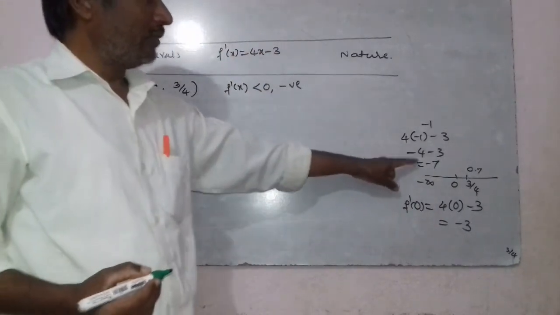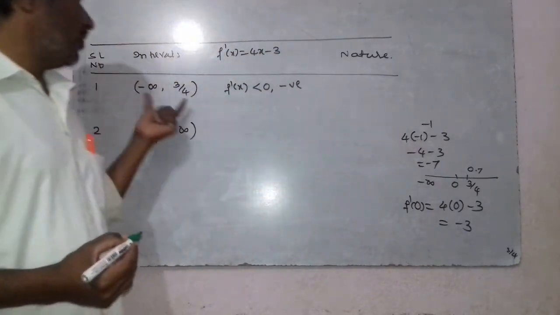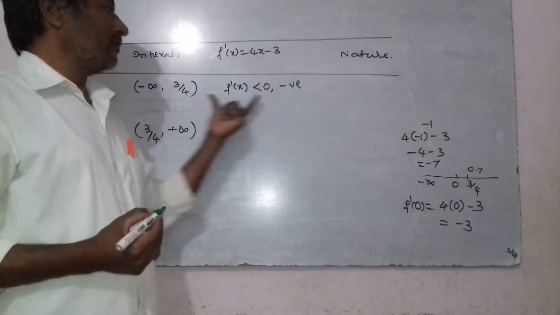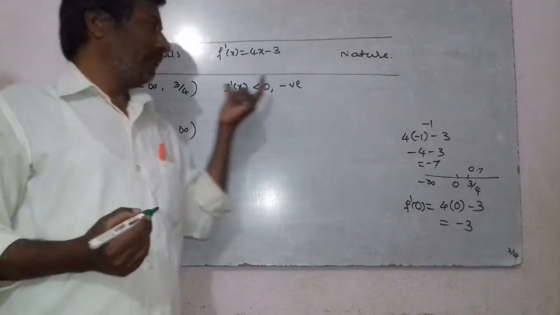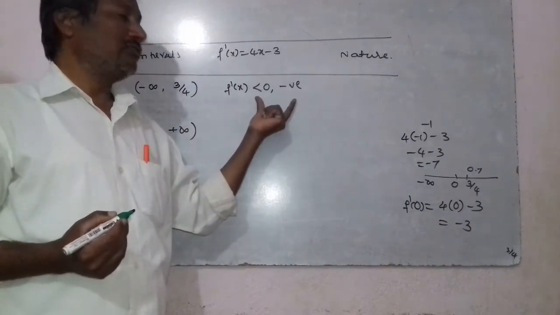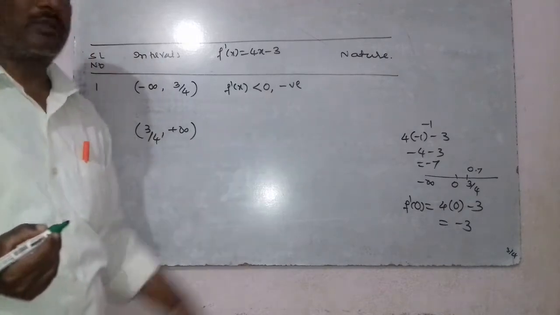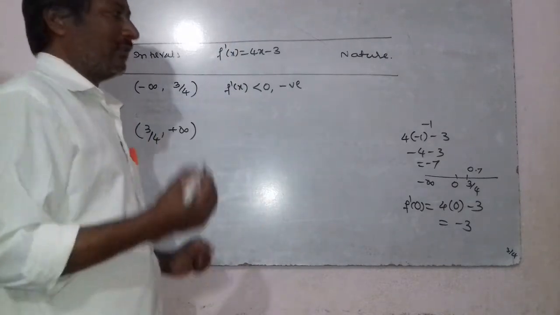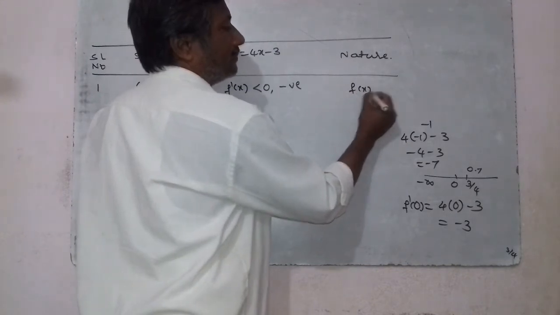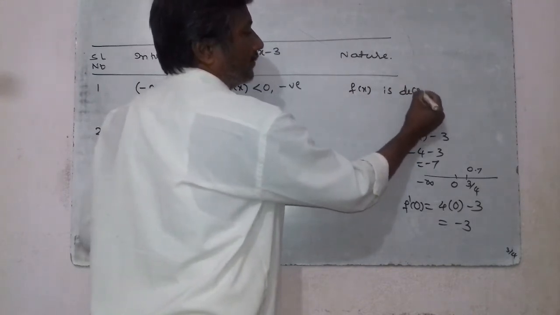So for any value that belongs to this interval, f dash x is less than 0, or negative. Negative means the function is decreasing. So therefore, the nature of f(x) is decreasing.